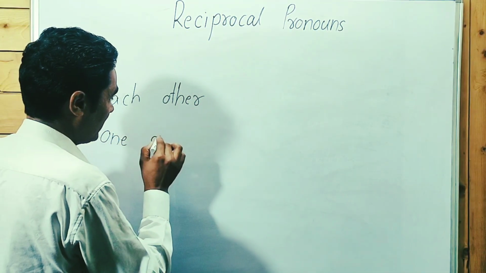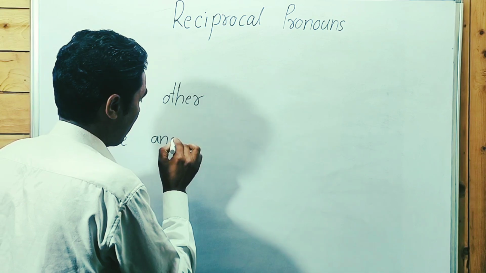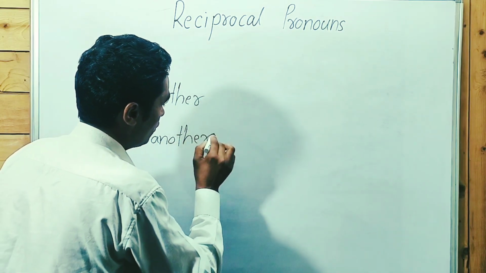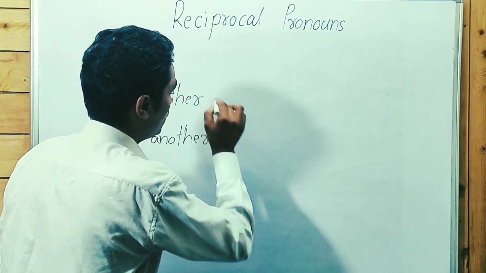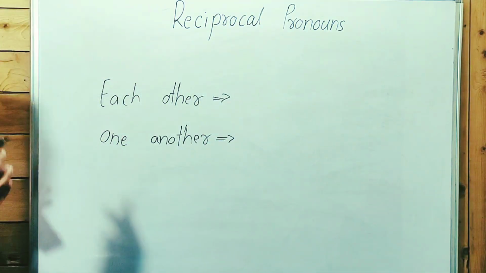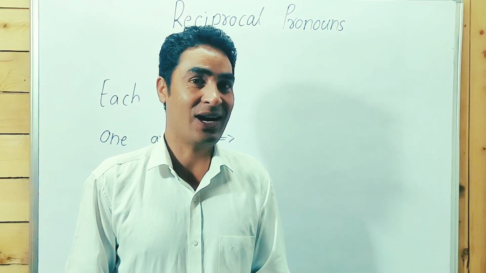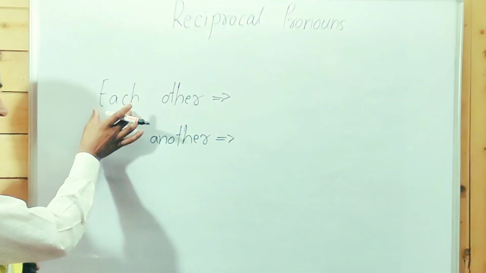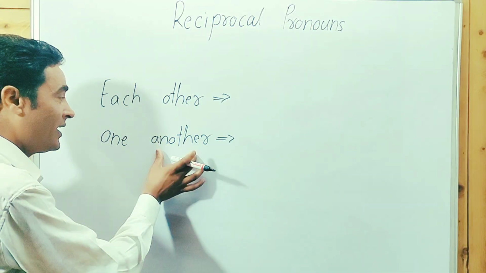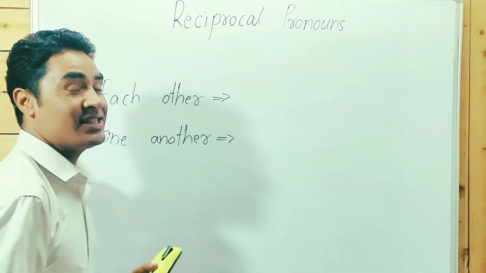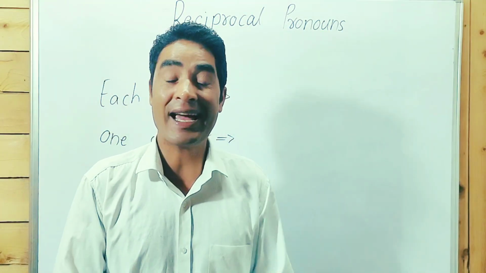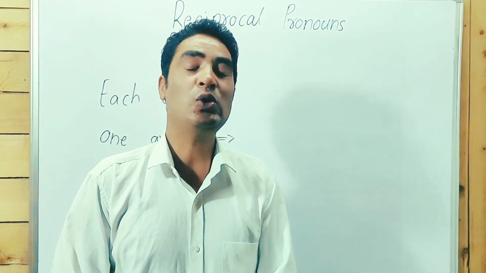Guys, point to be noted: there are only two reciprocal pronouns in English grammar, each other and one another. Each other is used for two persons, two things, or two animals.